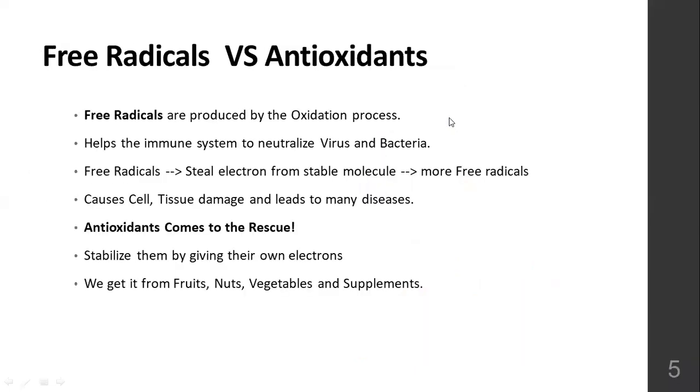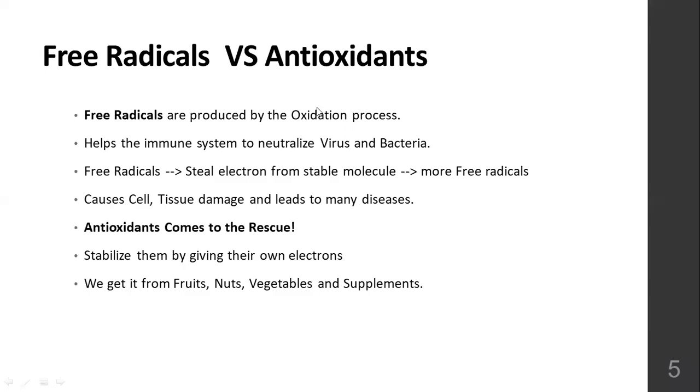So, coming to free radicals versus antioxidants. Free radicals, as we have seen, are produced by the oxidation process, something that has lost the electron. In oxidation, you lose electrons. In reduction, you gain electrons.